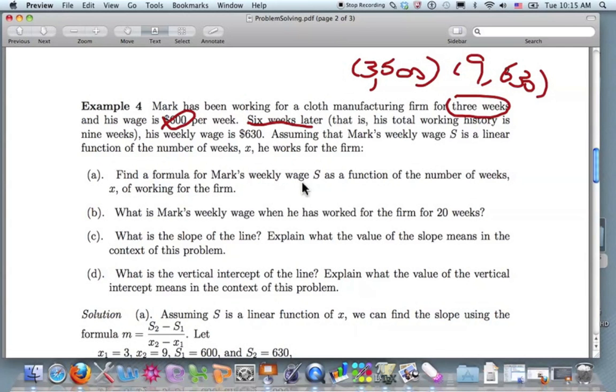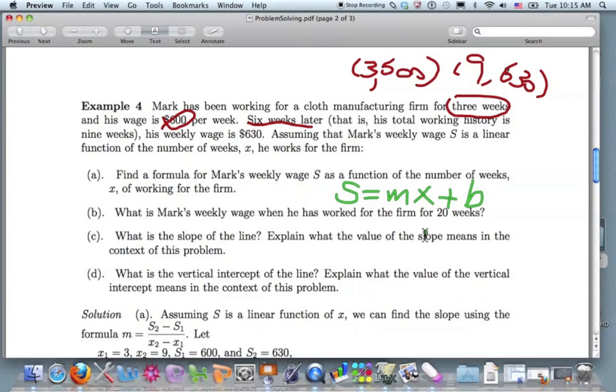Now we want to find the equation of the wage as a function of the number of weeks Mark works. Notice that since the function name is S, we need to write S equals mx plus b.